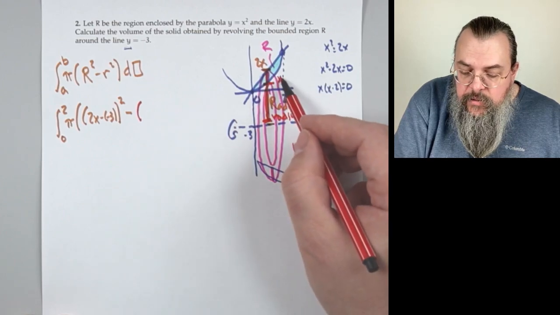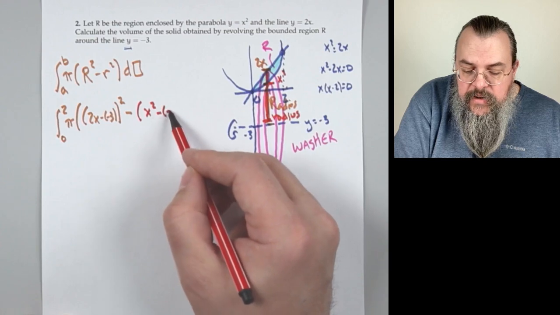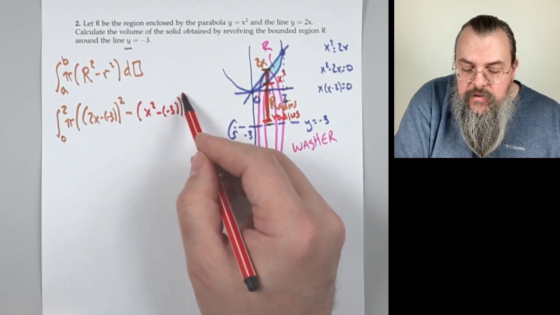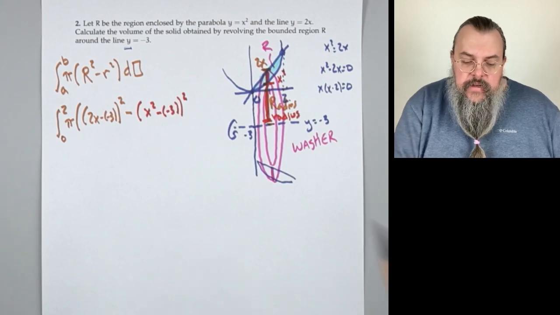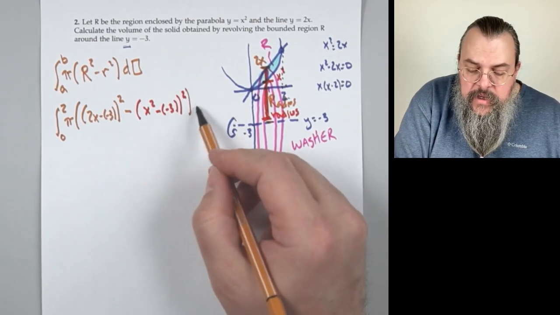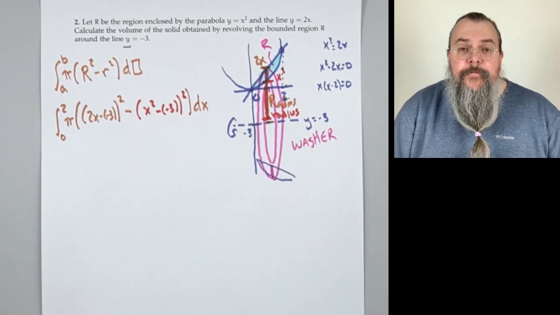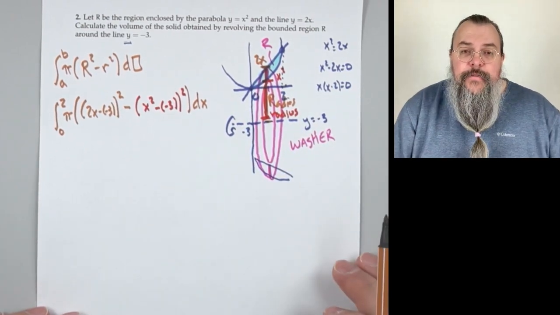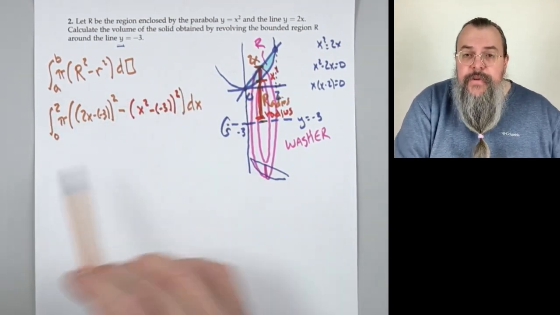This is the x squared part, so that's x squared subtract -3 squared. And then the d something is a dx, because we're integrating with respect to x.